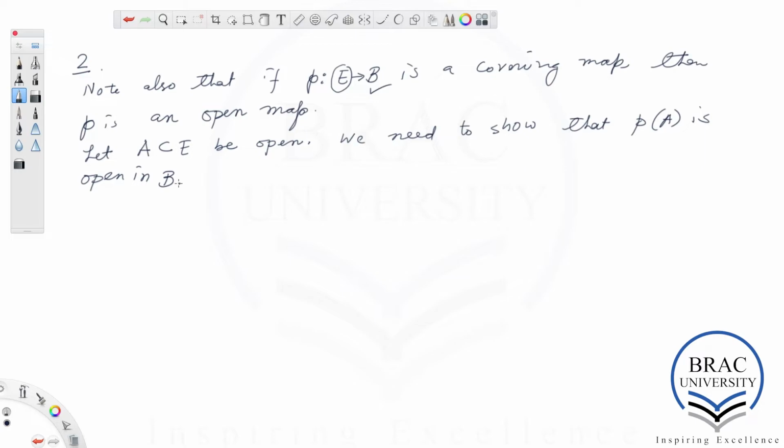Okay, so let us draw a diagram here explaining the situation. We have this topological space B, and inside this topological space is P of A, not an open set, we don't know it's open.